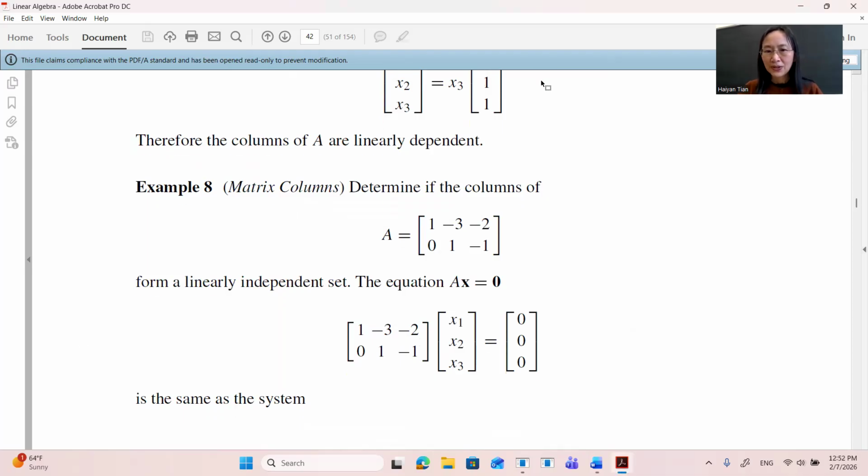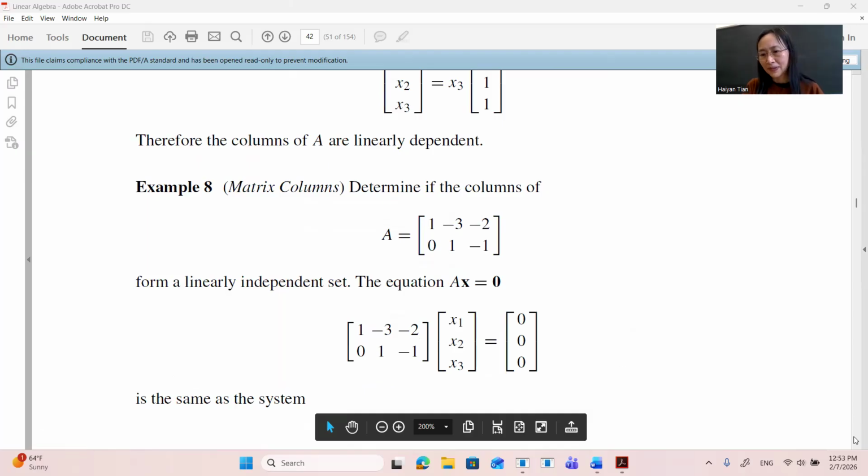That means this homogeneous system, with the given A being that one, the columns of A are dependent, because we have non-trivial solutions. With the free variable, we definitely have non-trivial solutions.